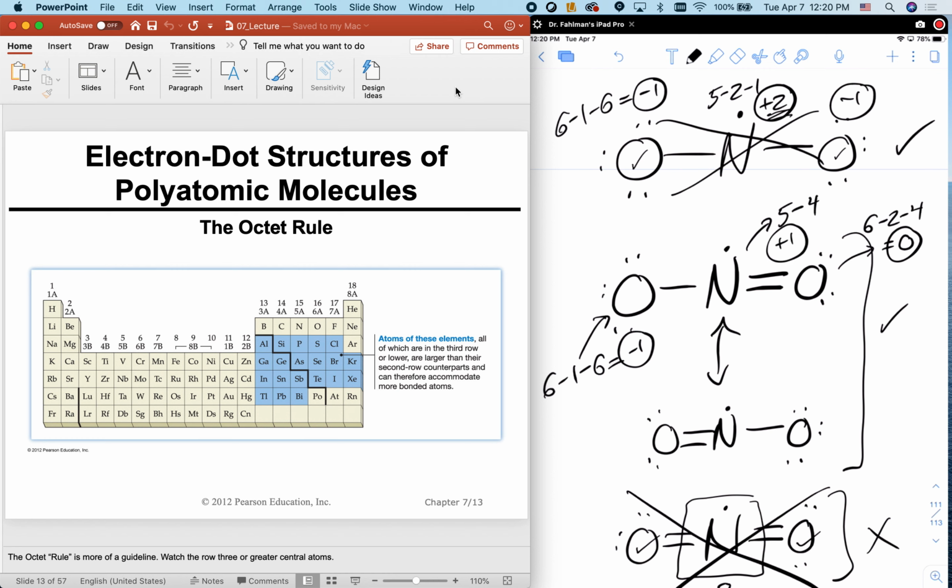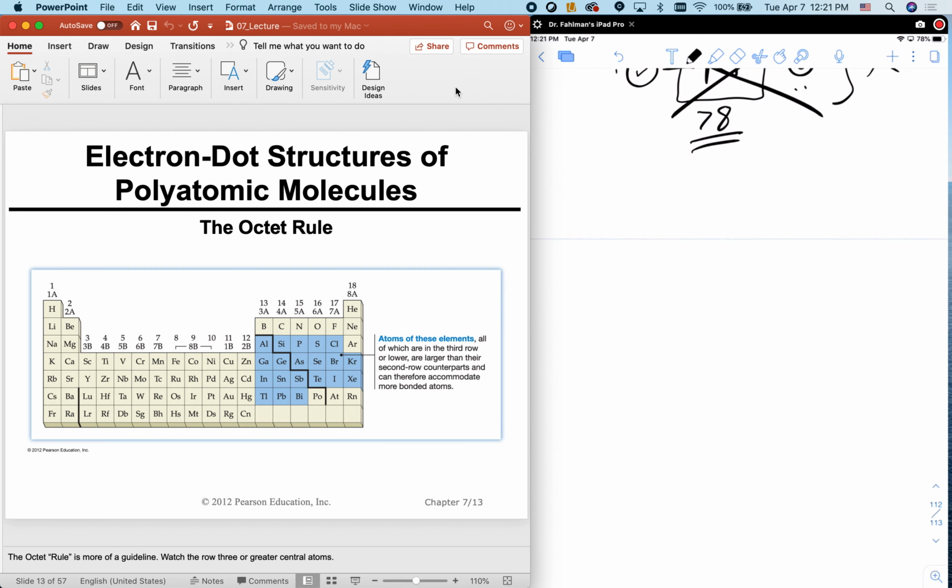Now you only have formal charges of plus or -1, and then the final check is: is the minus charge on the most electronegative atom? And it is, right? It's on the oxygen. And then likewise here, you could say minus, plus, and 0. So the negative charge is on the most electronegative atoms, so that is also good.